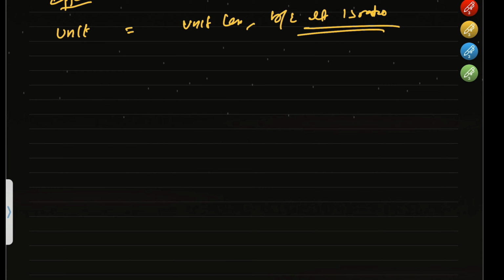All those terms we have studied in percentage, we can also describe in parts per million.